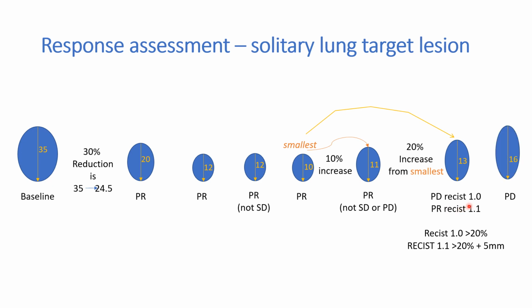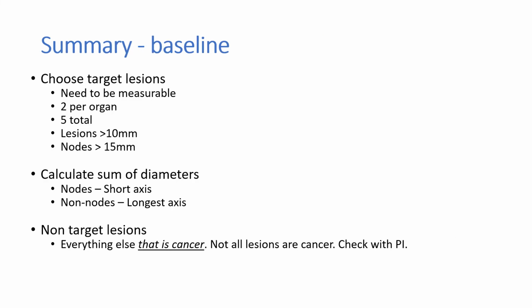And if you get a further increase here, 10 to 16, that's more than 20% increase and 5 millimeters. So that's now unequivocally progressive disease. So that's the date of progression. That's very important for the duration of response and progression-free survival.